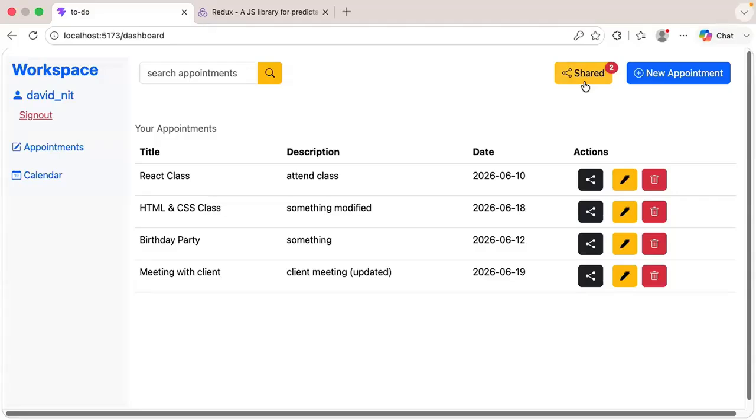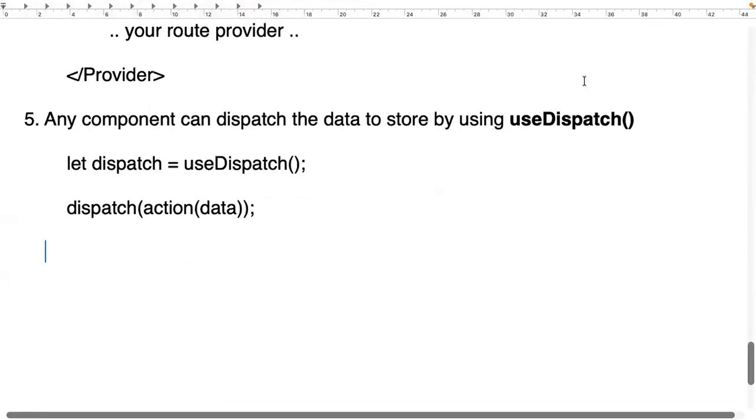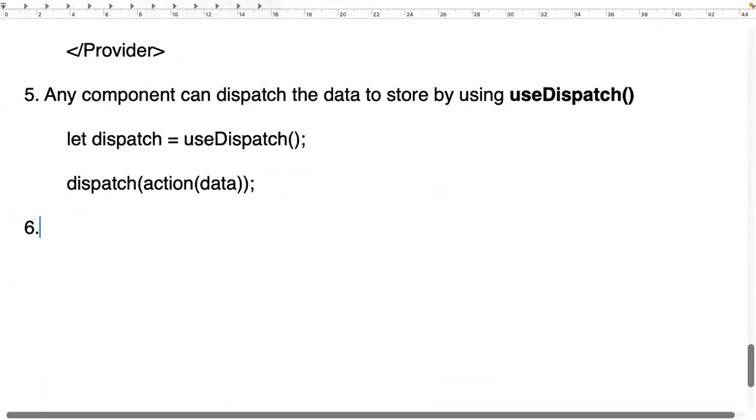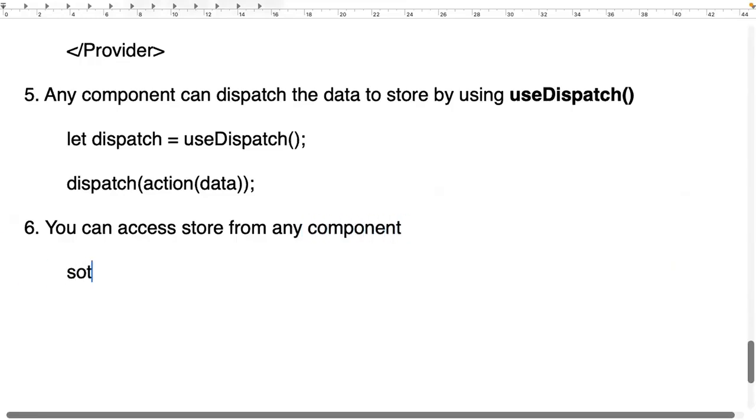You can do that. How? On click, I need to get the shared appointments and display them. Actually, how to access the store? One more simple thing: you can access the store from any component. How? store.getState().key.